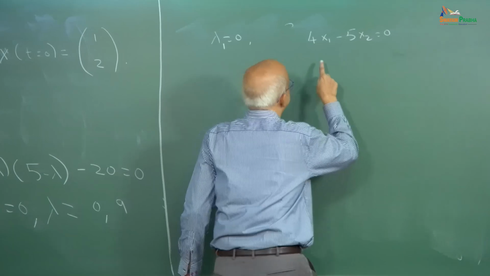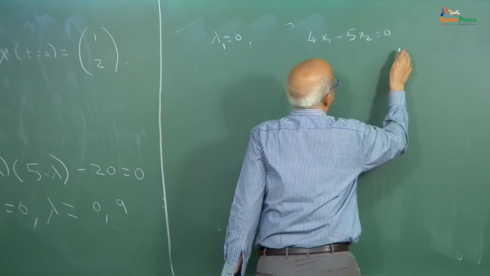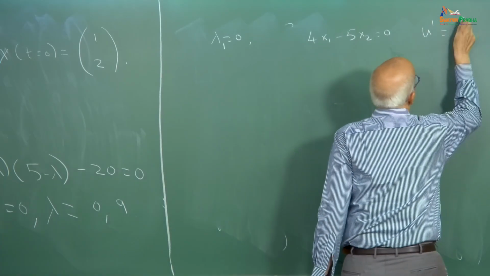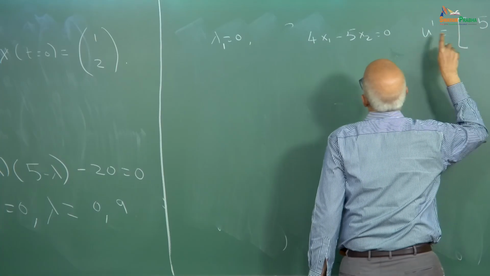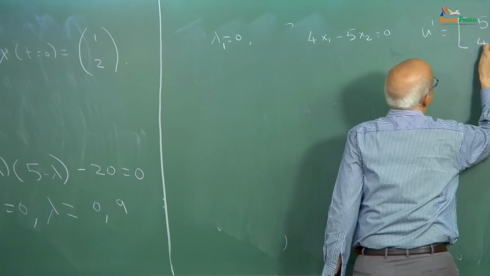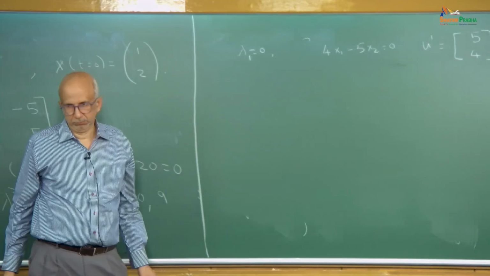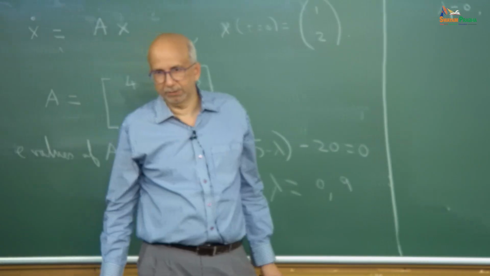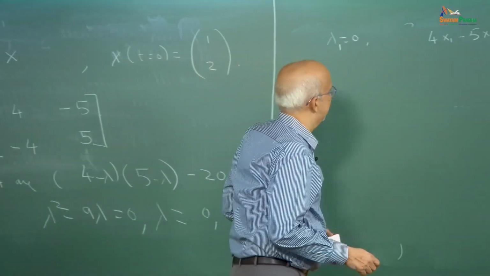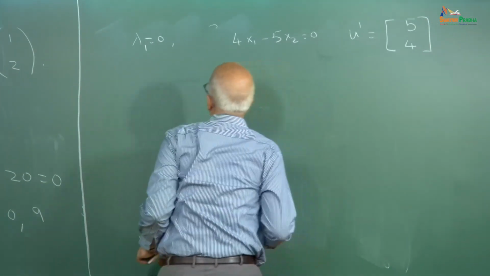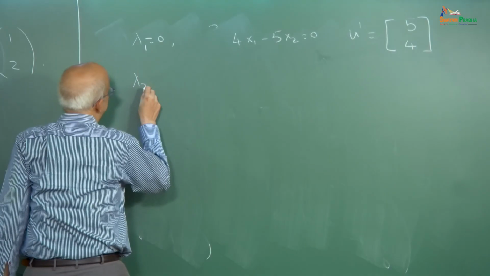And I can choose x1 to be 5, x2 will be 4. So u1 will be of the form x1 is 5, x2 is 4. So, I do not have to worry about fractions and all that. If I choose 1, then I have to worry about 4 by 5 and 5 by 4. Okay.